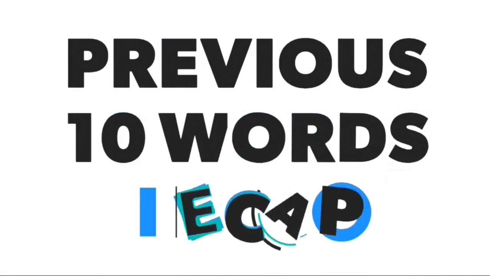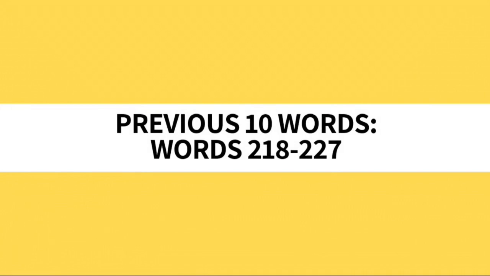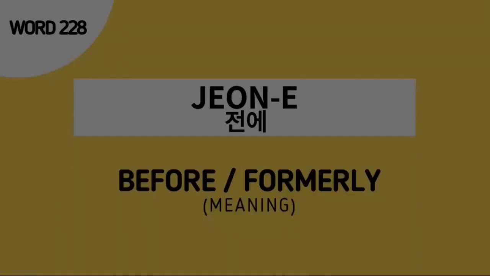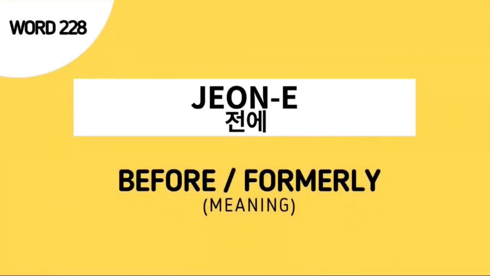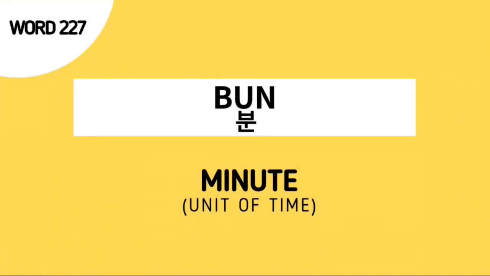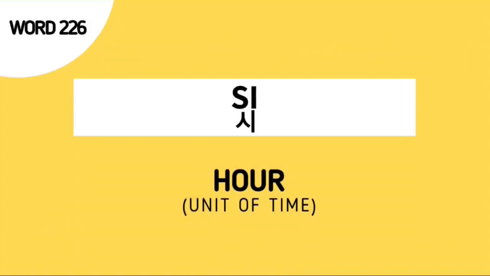Now let's proceed to the previous 10 words recap. As of now, the previous 10 words are words number 218 to 227. But don't forget our word for today, word number 228, 전에, which means before or formerly. The first word for our review is word number 227, 분, which means minute. Word number 226 is 시. This means hour, and this is used as a unit of time.